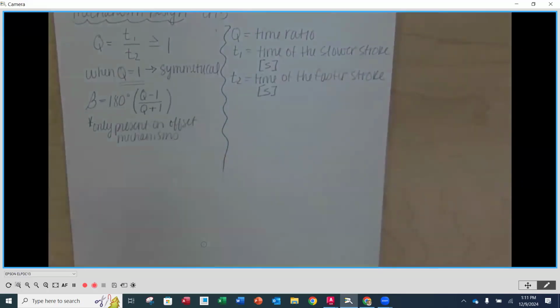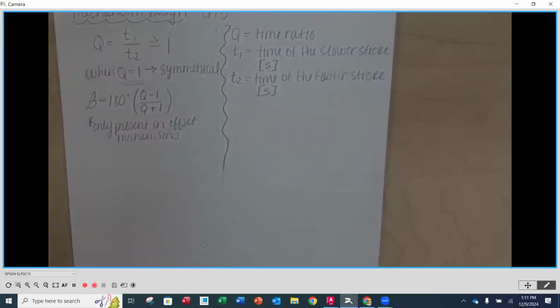So what's an offset mechanism? An offset mechanism is when we have a distance between the crank center of rotation, and in the case of a slider crank, it's going to be offset from the path of the slider. We do not have a beta when we have a Q equal to 1.